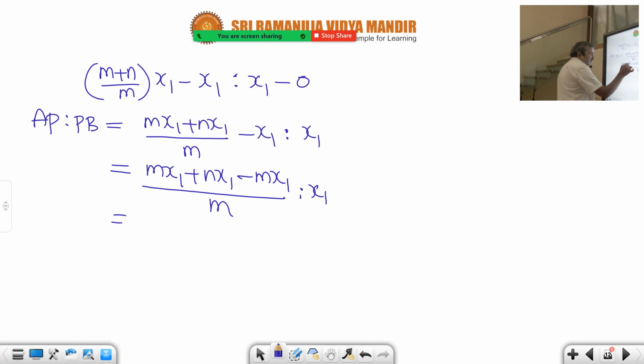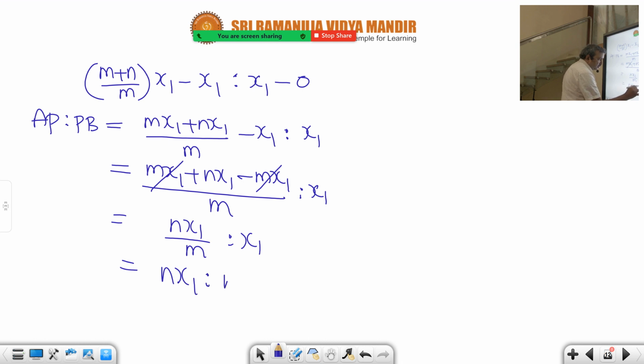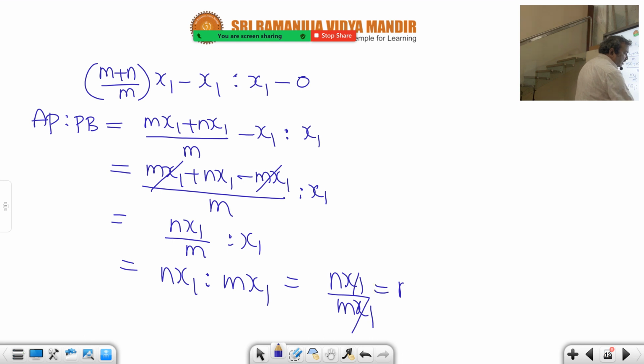So these two cancel. n x1 by m is to x1, multiplying with m on both sides. So it is n x1 is to m x1, or you can write n x1 by m x1, and it is n is to m.